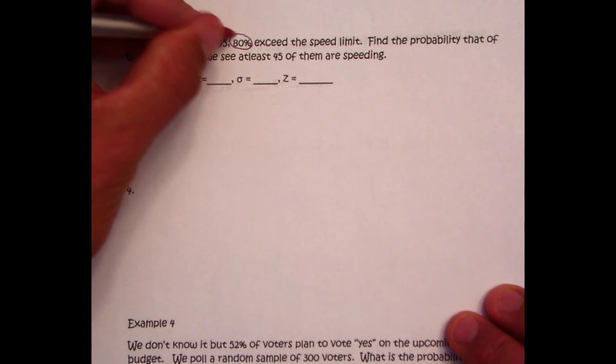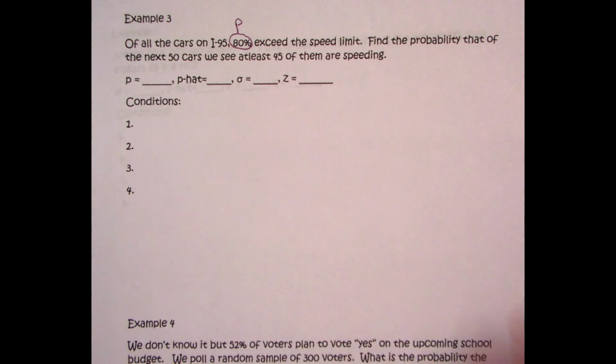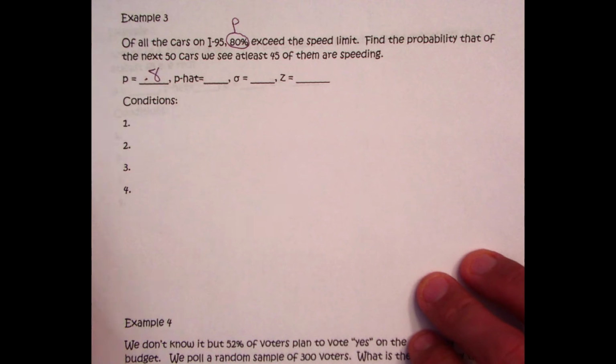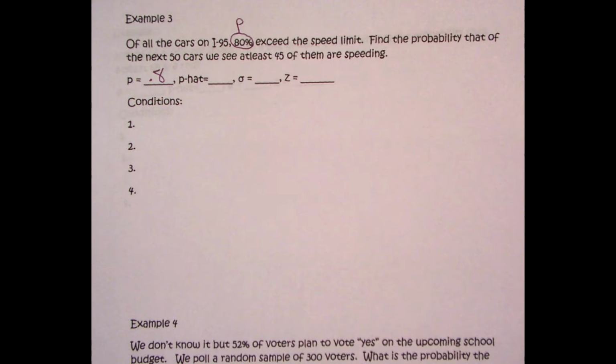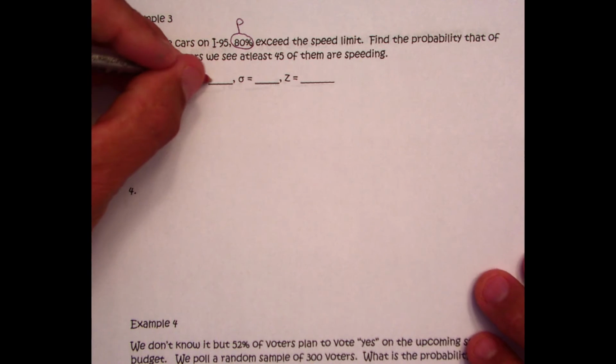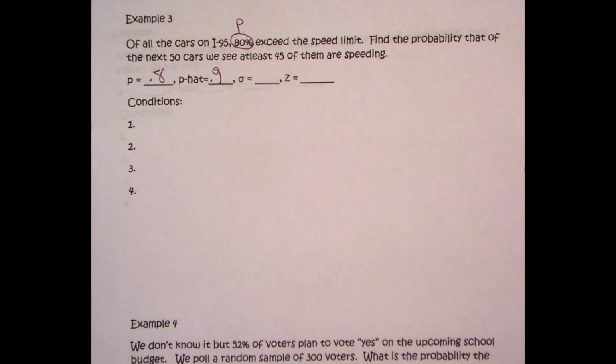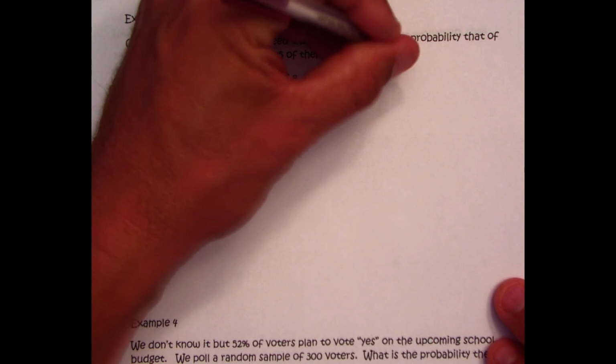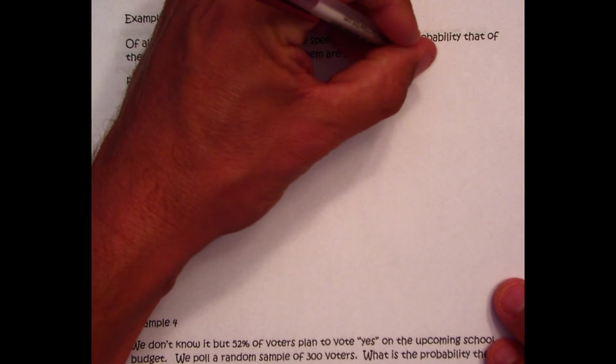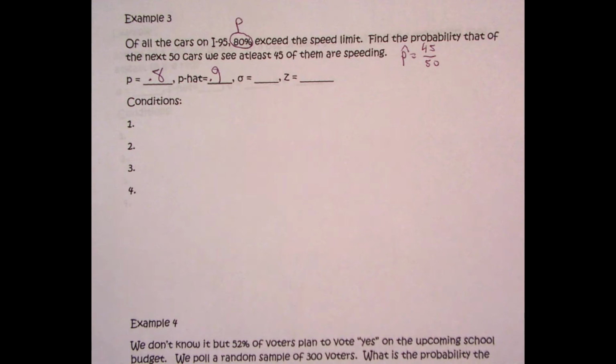That's all cars, so that's 0.8. And the P hat that we want is 45 out of 50, which is 0.9. We want to see at least that many.